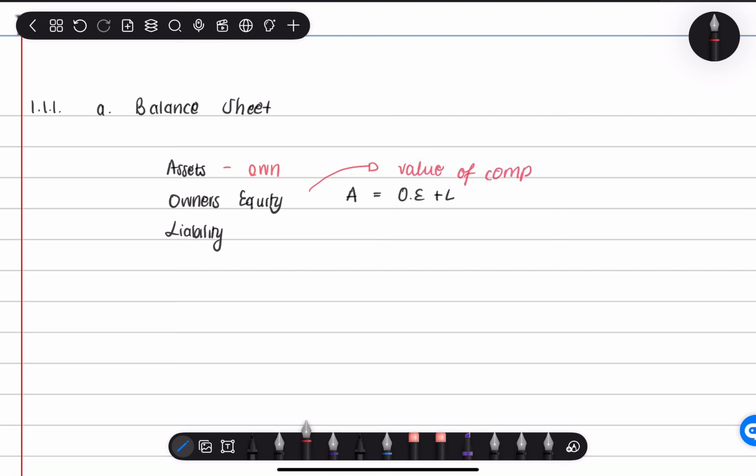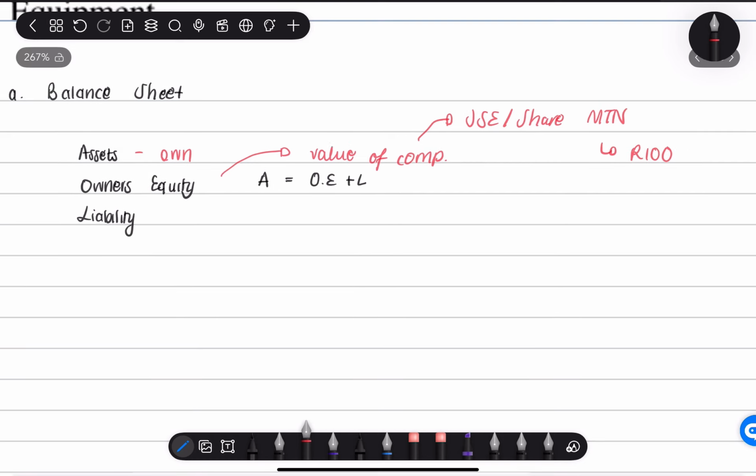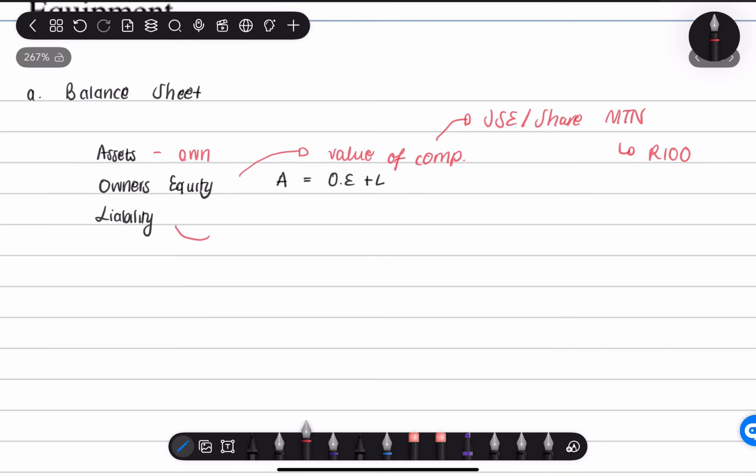A good example is the JSE, or shares: you know the value of, let's say, MTN. This is a wild example, I have no idea how much MTN shares are worth at the moment. Say it is 100 Rand. This is the value of your company, your owner's equity. Not necessarily, but I'm trying to help you understand. Owner's equity could be more broad. Liability is something that you owe.